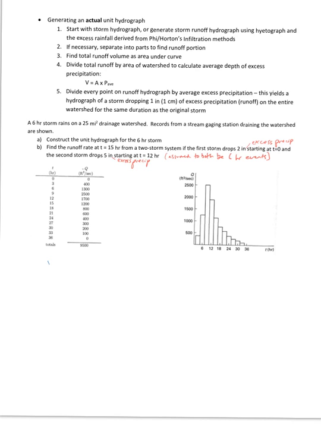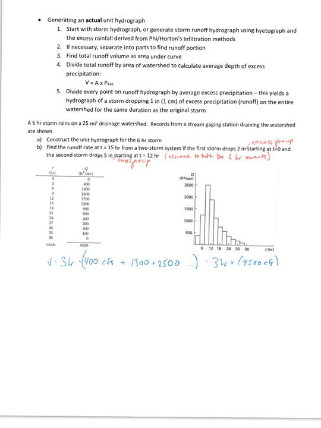In order to do that, V equals 3 hours times 400 CFS, plus 3 hours times 1300 CFS for the second interval, plus 2500 for the next interval, and so on, until we get the entire amount, which is 3 hours times 9500 CFS.